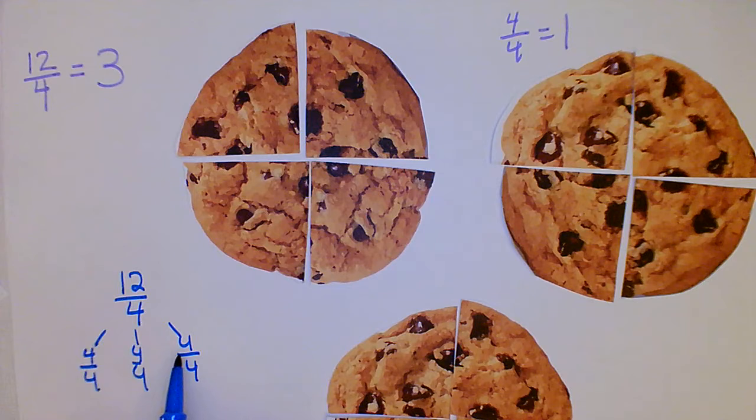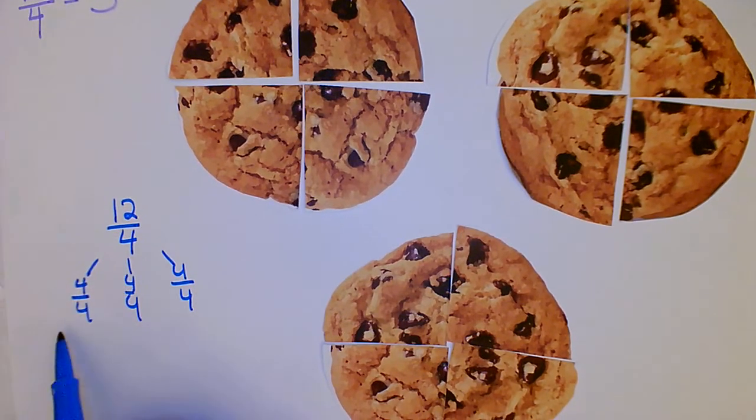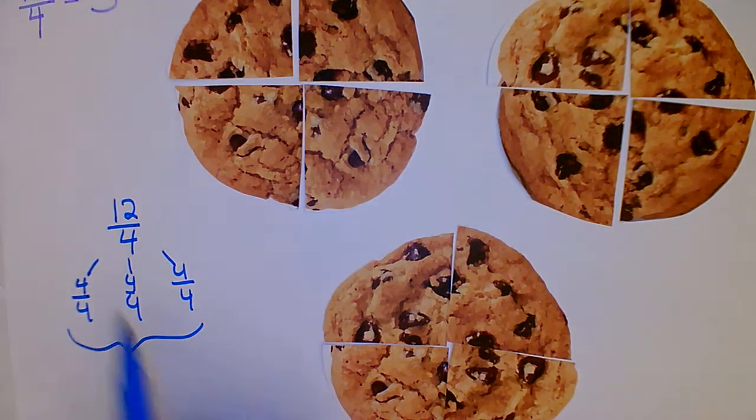And now that's 12 fourths. 4 fourths, another 4 fourths is 8 fourths, and another 4 fourths is 12 fourths. So I've used up all my fourths to make these 3 cookies. And then what we can say is, this is equal to 1, this is equal to 1, and that's equal to 1. So this would be equivalent to 3 wholes. 1, 2, 3. So that's one way to do this.